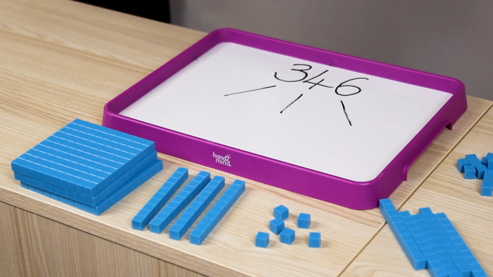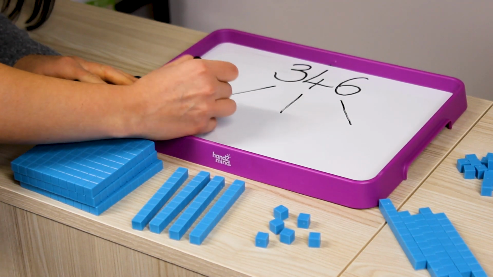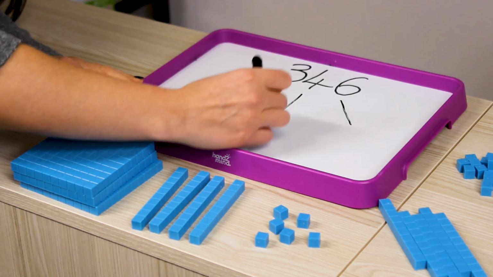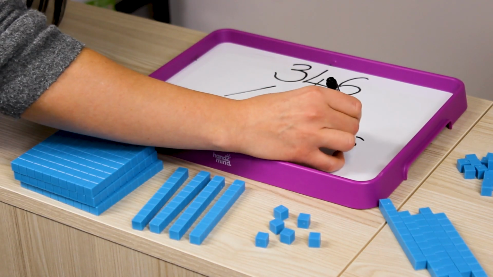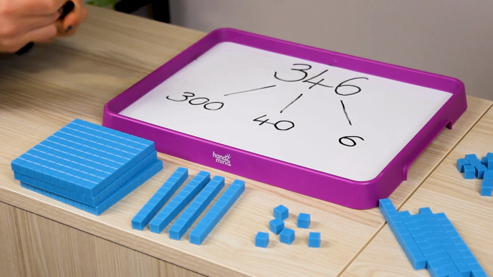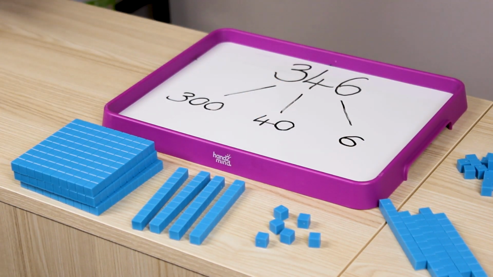And then to write that visually out, we know we've got our 300, our 40, and 6. So 346 is split down into 300, 40 and 6.